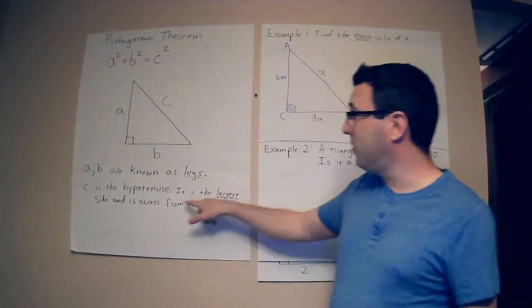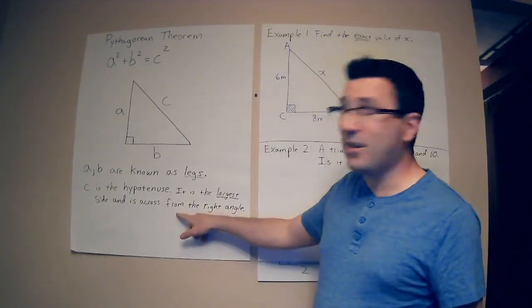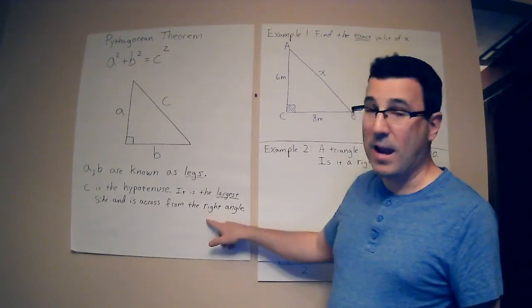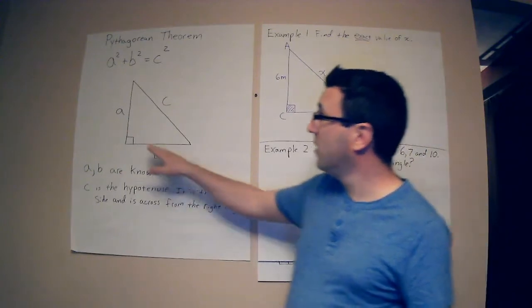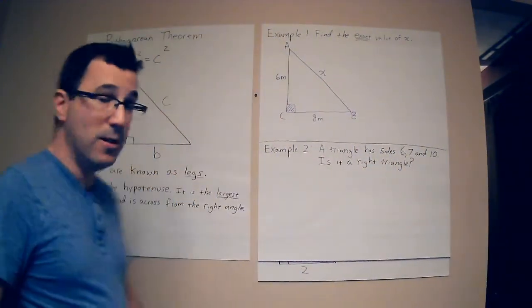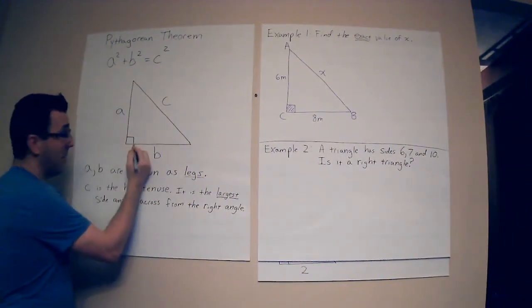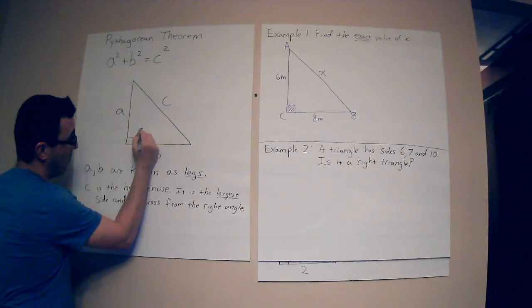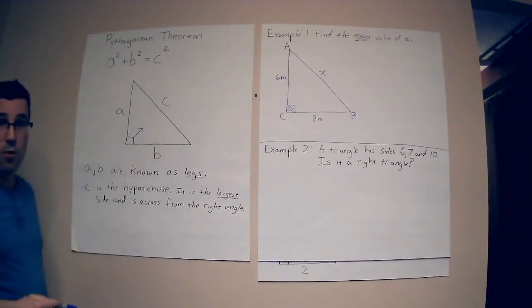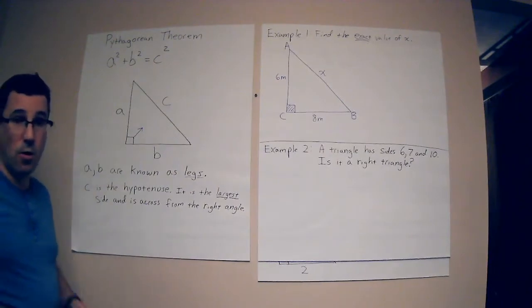So the hypotenuse, as I said, is the longest or largest side of the triangle and is across from the right angle. So anytime you have a triangle, basically what I would do is, wherever that box is, I would draw a little arrow off of the corner, and it's going to point to your hypotenuse all the time.